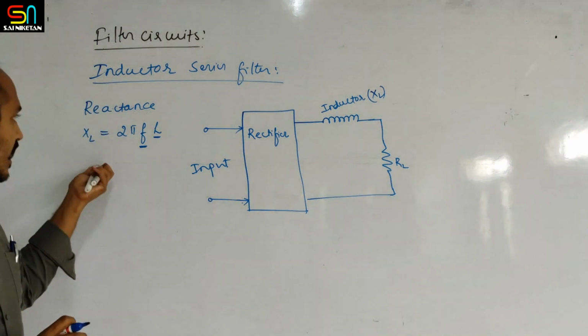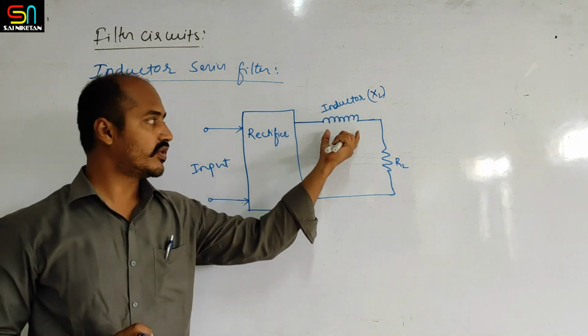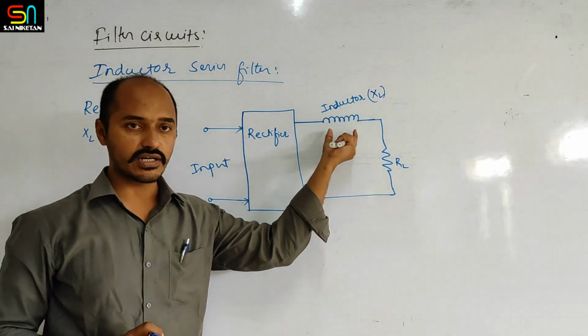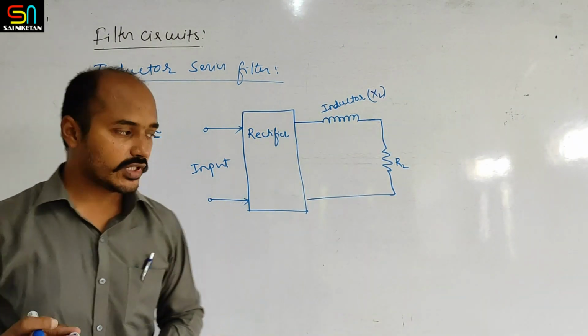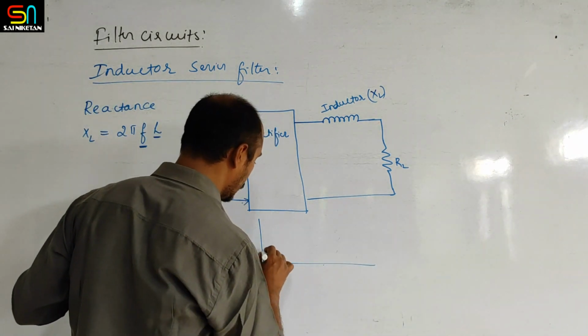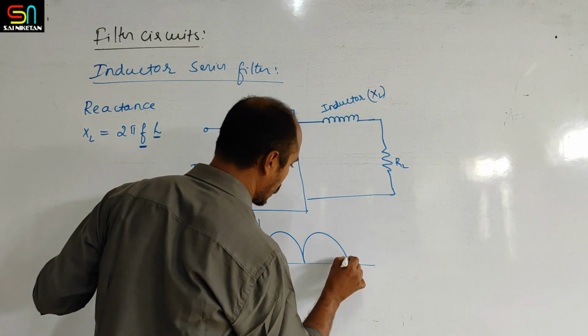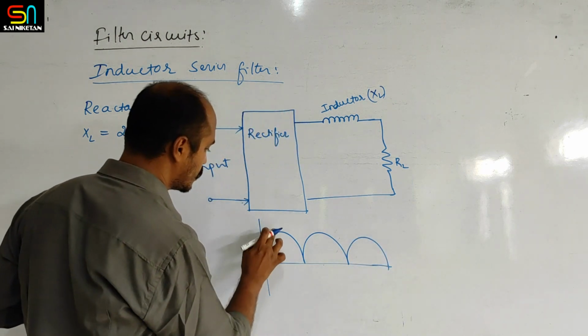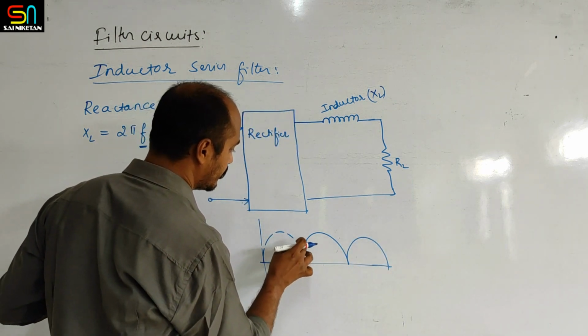This reactance is nothing but the resistance offered by this coil, this inductor. So here you can see whatever pulsating output we have got is of this kind. I am just showing this by a dotted line.